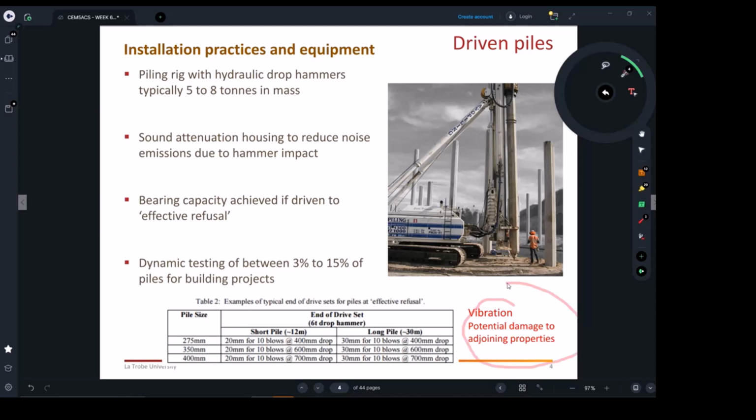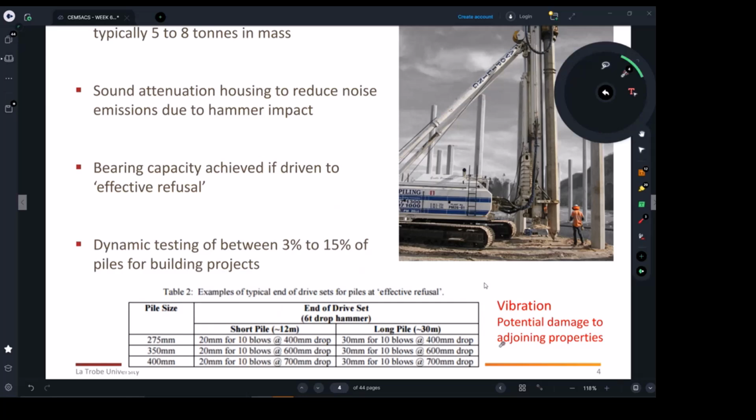There is a note here about vibration, which is, as I said, sometimes the whole idea of using driven piles can be rejected. That's where you may be going to the bored piers or bored piles, the one we talked about last week, and we're going to talk about it further this week. Because of the sound issues and the vibration, it may damage a tunnel near the project, or a main water pipe near the project, or houses.